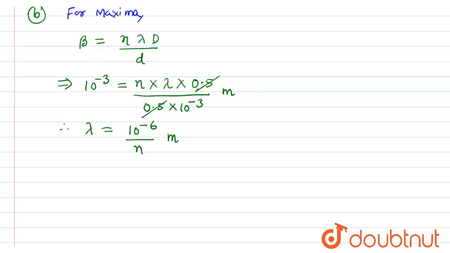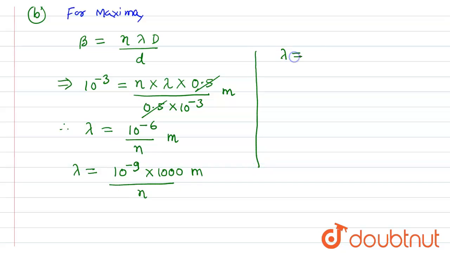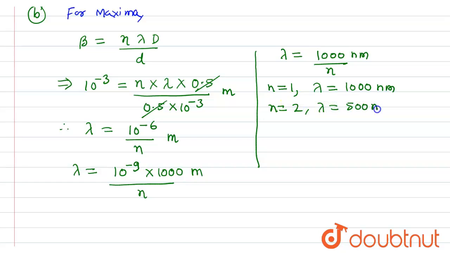We can write it as 10 to the power minus 9 into 1000 meter upon n. So the value of lambda will be 1000 nanometer upon n. So if we put n equals 1, lambda will be 1000 nanometer. If we put n equals 2, lambda will be 500 nanometer.